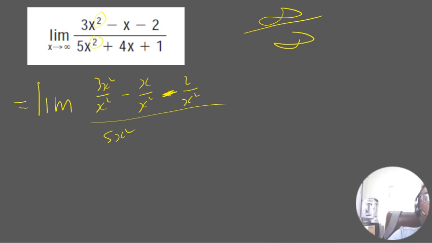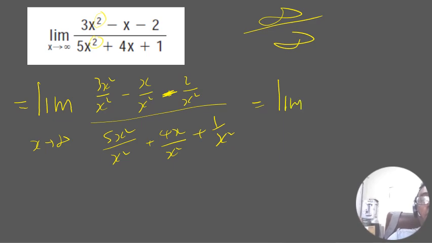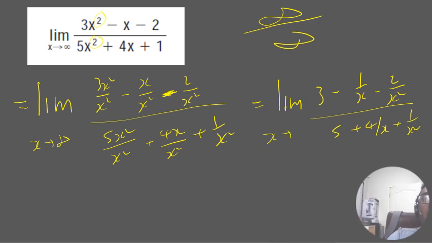The denominator becomes 5x squared over x squared plus 4x over x squared plus 1 over x squared as x tends to infinity. The limit, just for illustration, is 3 minus 1 over x minus 2 over x squared, please check that, over 5 plus 4 over x plus 1 over x squared as x tends to infinity.